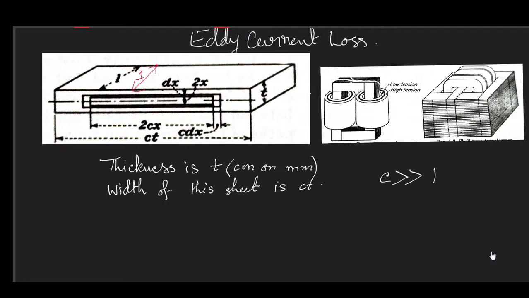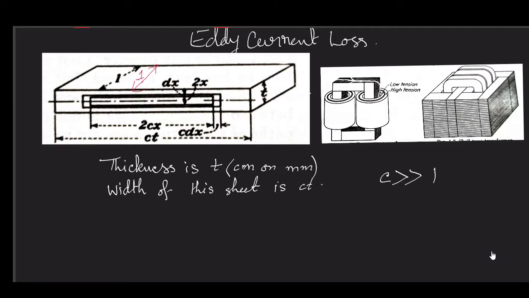So transformer lamination should be done in a plane that is parallel to your flux path. We always laminate parallel to our flux path, whether it is a transformer or any DC machine, AC machine, whatever machine. We do lamination to reduce the effect of eddy current.